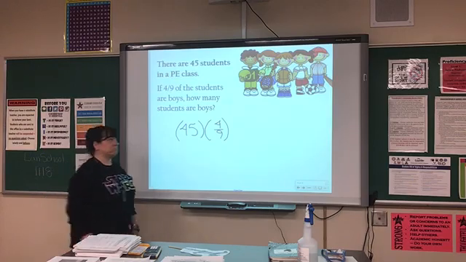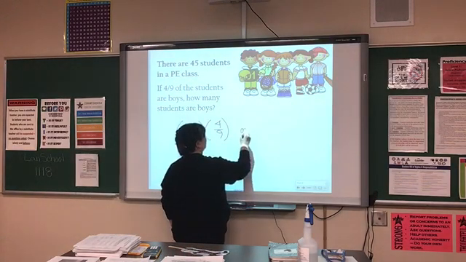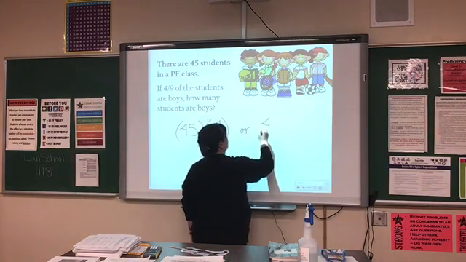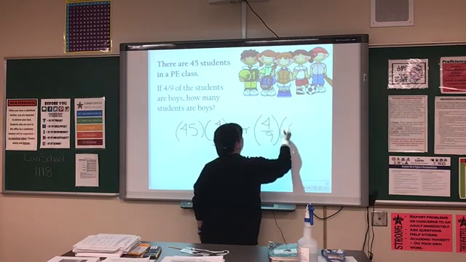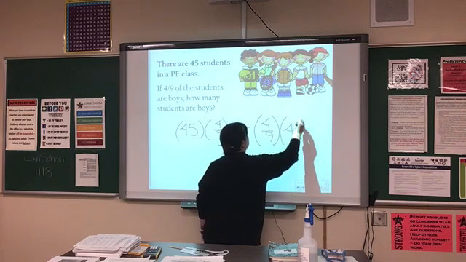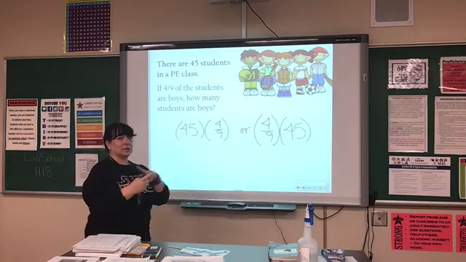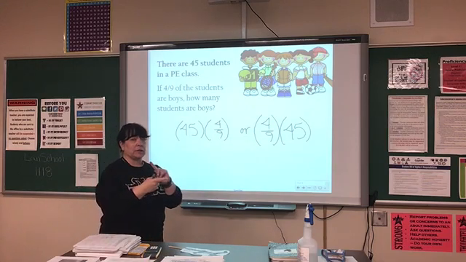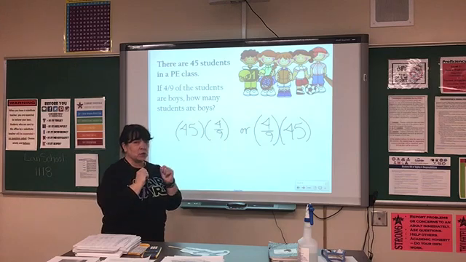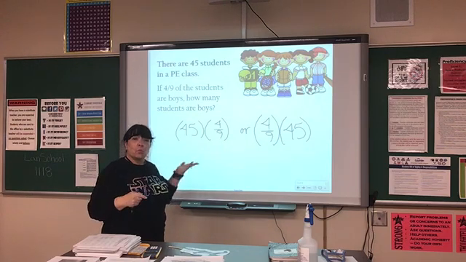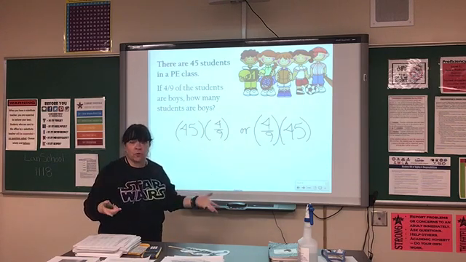Or you could kind of maybe write it as 4/9 of the class of 45. But guess what? It's the same two numbers. And if you remember, doesn't matter the order on multiplication or addition. It does on subtraction and division. So both of these will work for you.